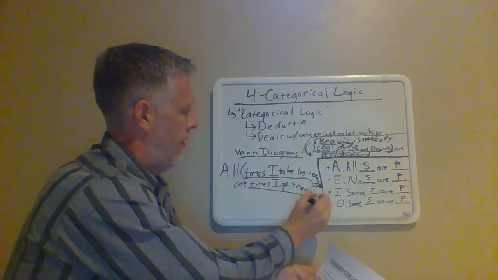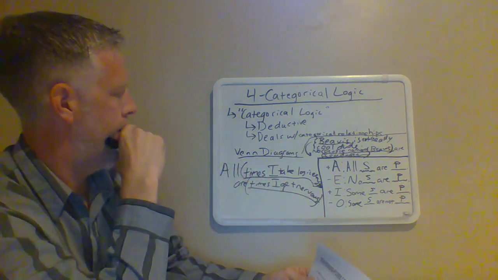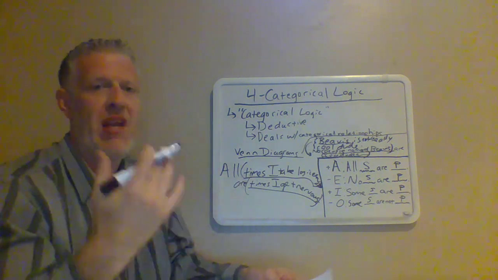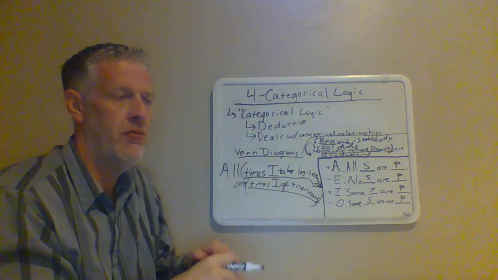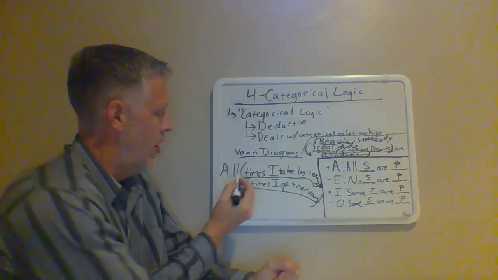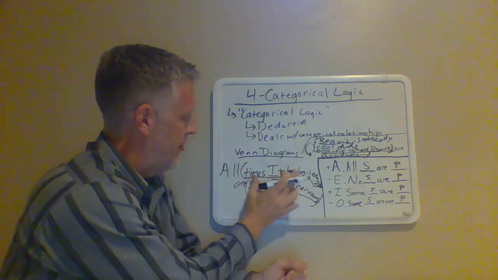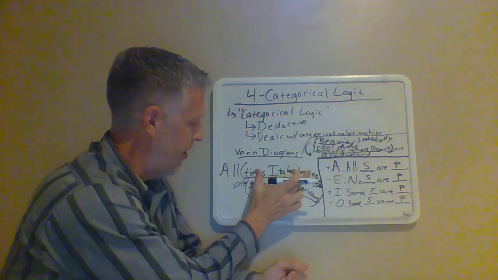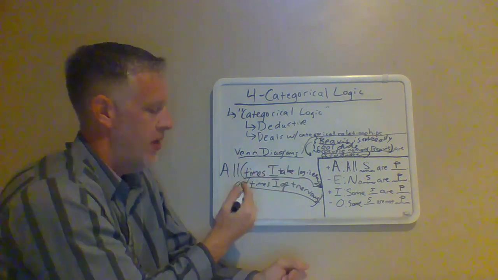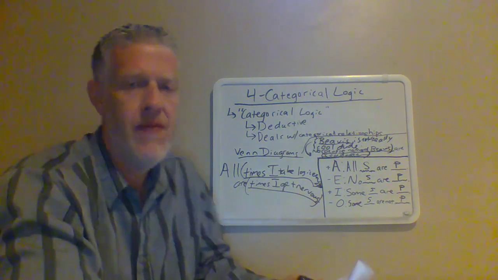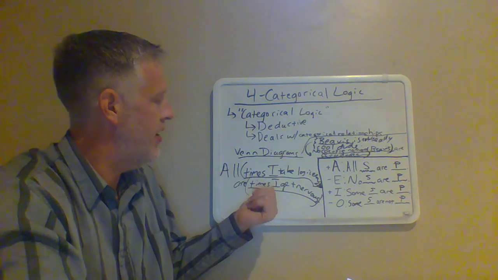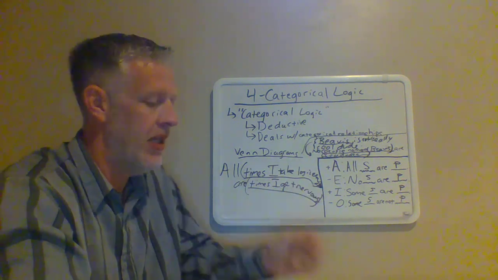Again, all one class, right? So we're talking about classes or categories of things. It might be people, vehicles, in this case, times, right? All times I take logic exams. So this is a class, times I take logic exams. Here's another class, times I get nervous. Okay? And so we've translated that original sentence, "I always get nervous when I take logic exams," into a standard form A claim: all times I take logic exams are times I get nervous.